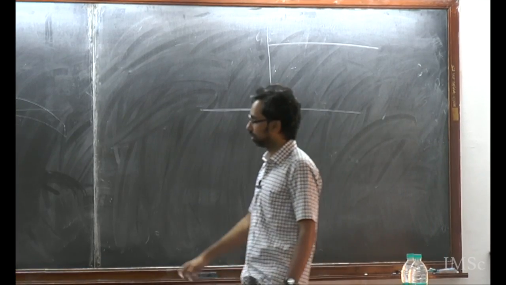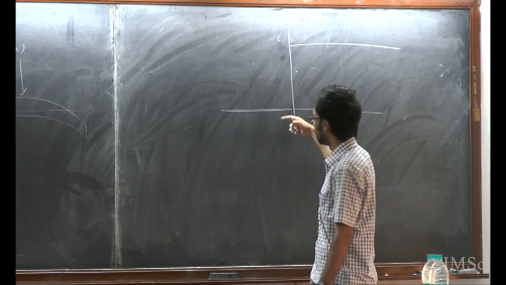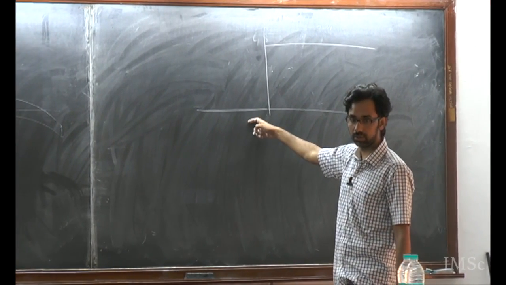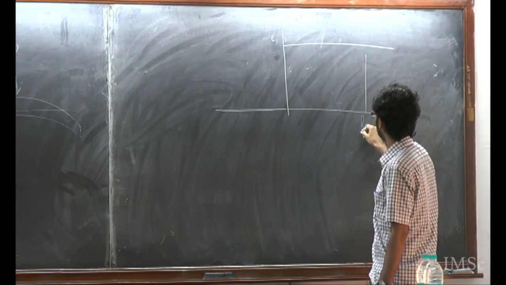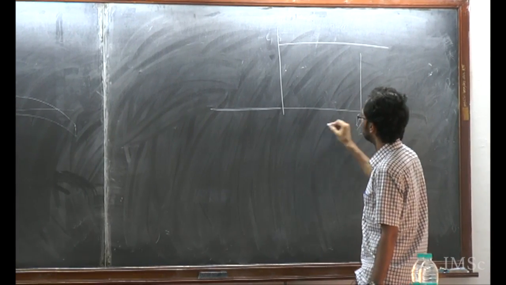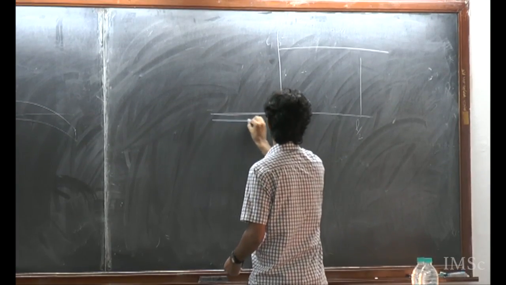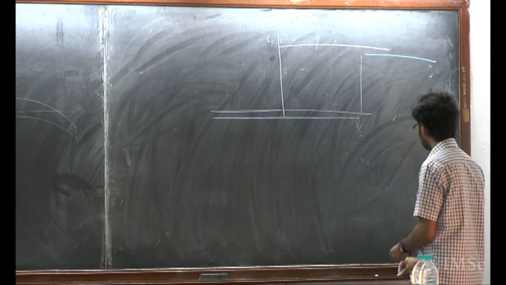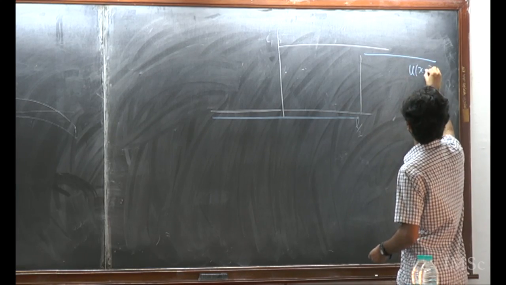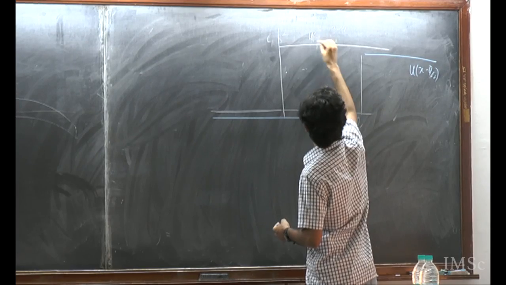What is u of x minus L by 2 for x less than 0? It's 0, and it is 0 until L by 2. Okay, so this is u of x minus L by 2, and this is u of x.